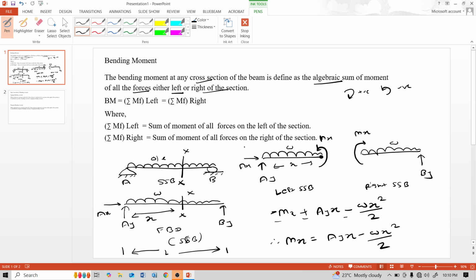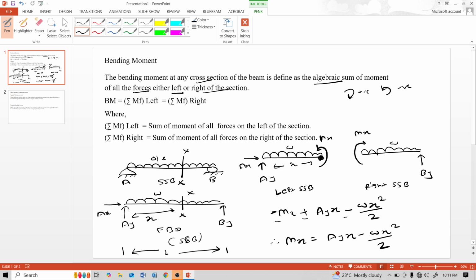And why does this bending moment occur? Why at this point does bending moment occur? This AY force is a vertical force. Due to this AY force and the uniformly distributed load, bending generates in the beam at that cross section.